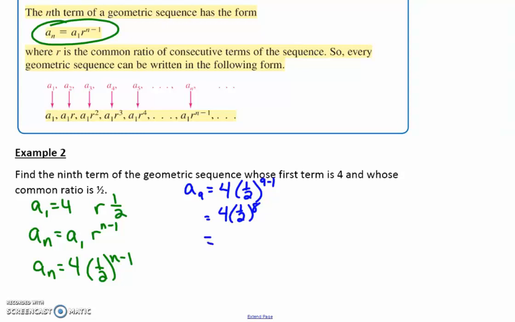When you raise 1/2 to the 8th, you get 1 over 256. And then when you multiply 4 times 1 over 256, you get 1/64. So that is the 9th term of this sequence.